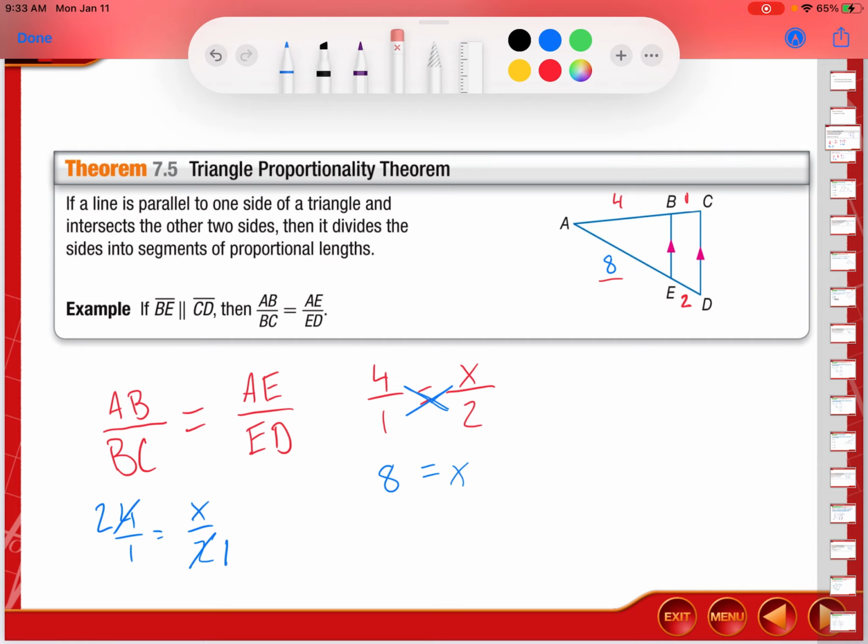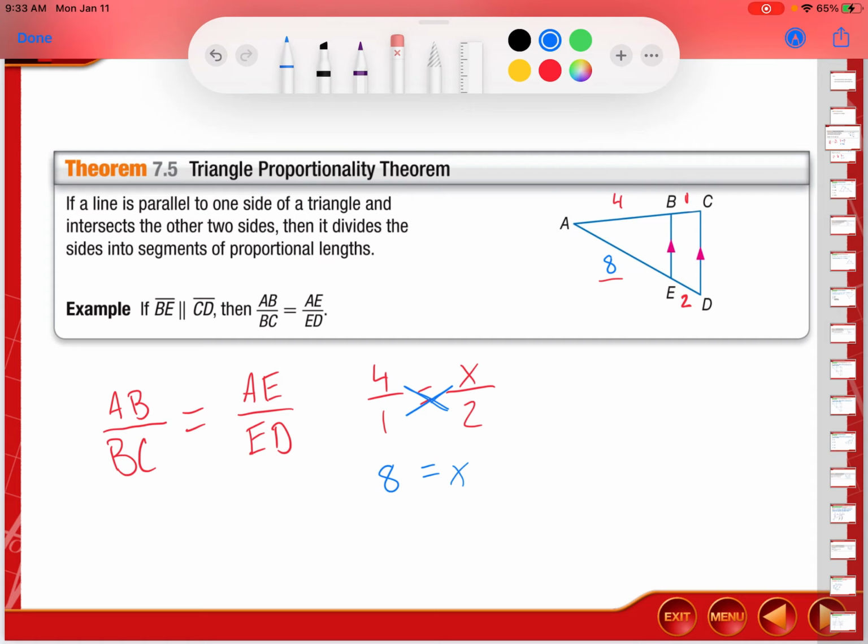Nope, I'm messing that up. This isn't the cross-canceling one. Oh, cross-canceling is when we're multiplying and dividing fractions. Ignore my comment. Anyway, cross multiplication, that's the way to do it.